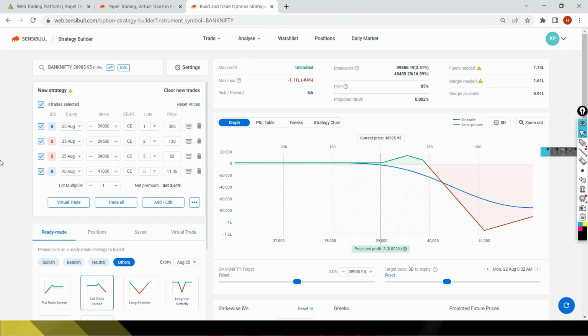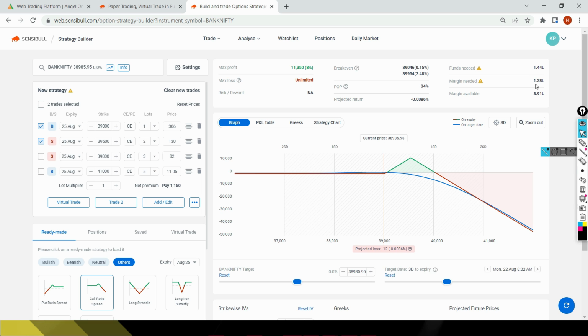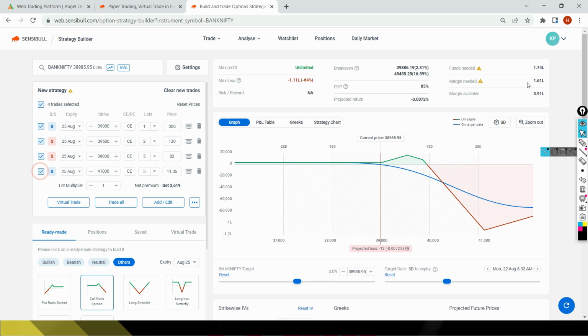So we started with 1,38,000, right? And we are able to sell 3 additional calls, friends, with the same capital, almost, by just increasing how much? 20,000, by just getting these buy hedges.